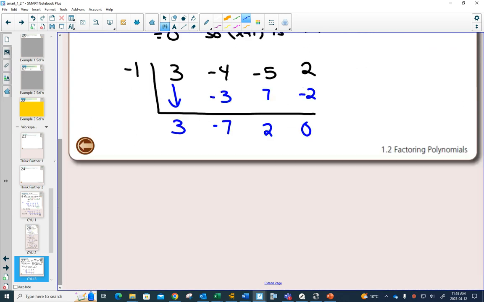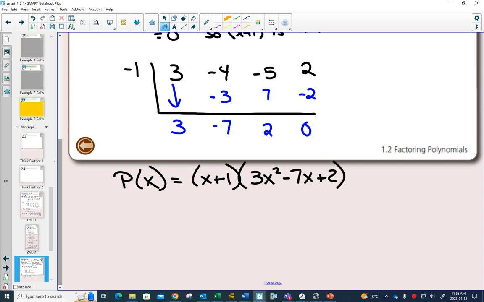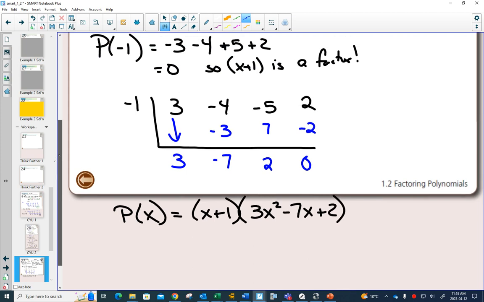So our division statement: P of x equals x plus 1 was the factor, and we're left with 3x squared minus 7x plus 2. So that's step 1.